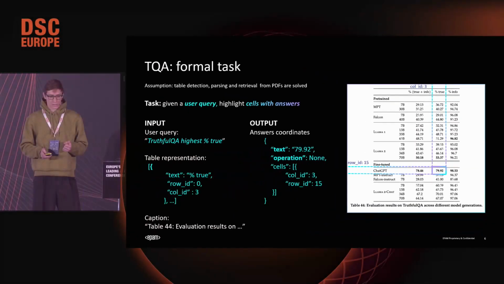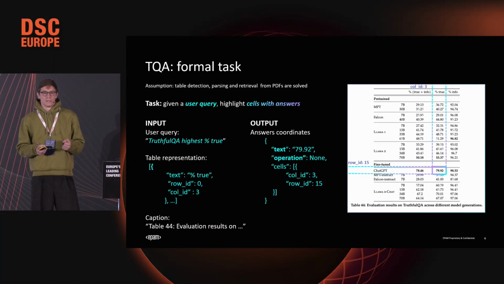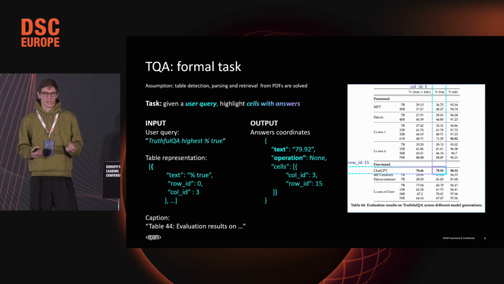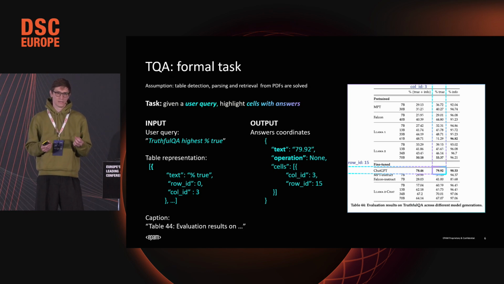So, more formally, if we assume that we can extract tables from the documents, we know how to do that. We also have a retrieval engine for that, so we can search through the tables. Our task would be, given a query, to highlight cells in the table, or give an aggregation over those cells.